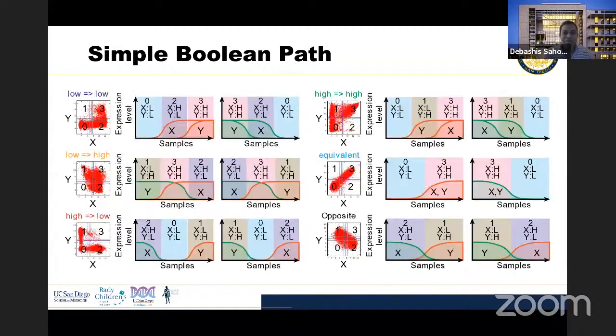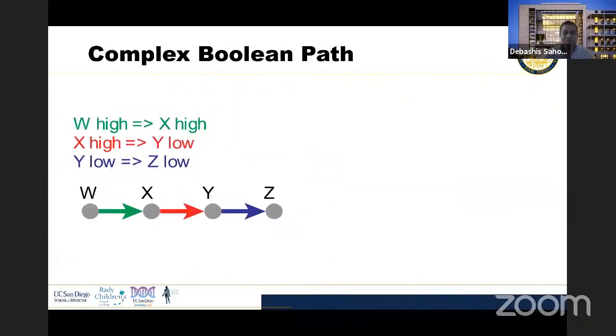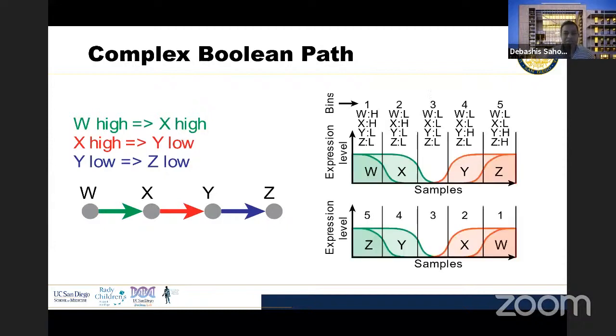And if you have other paths, you can characterize them in a simple natural way. When you have a more complex path, you can orient these samples at a much higher resolution. Because when you have this kind of relationship, let's say you have high to high and then high to low and then low to low.